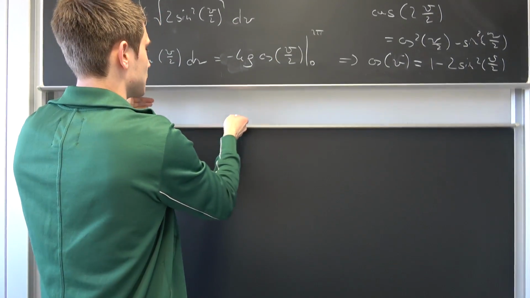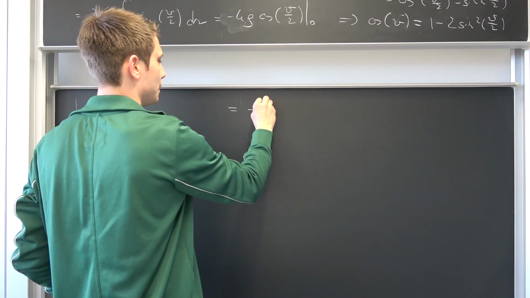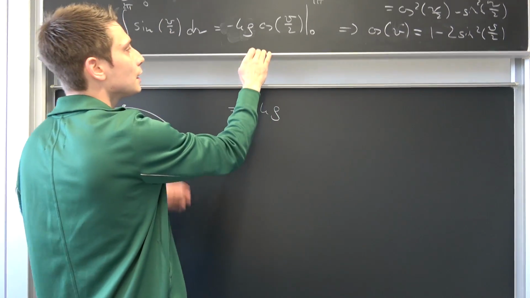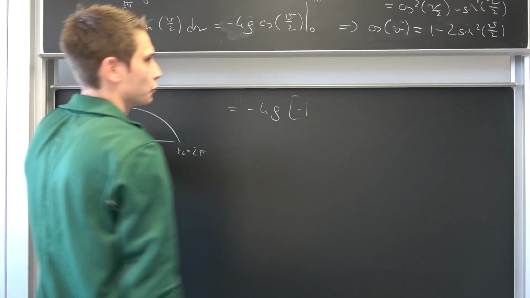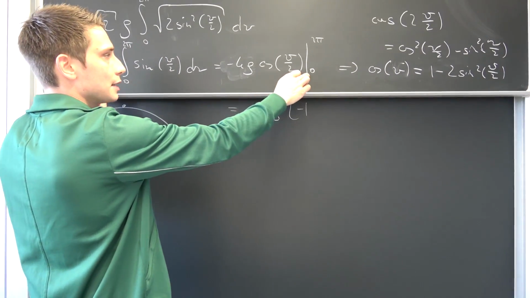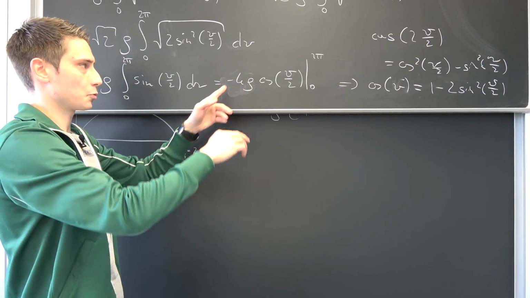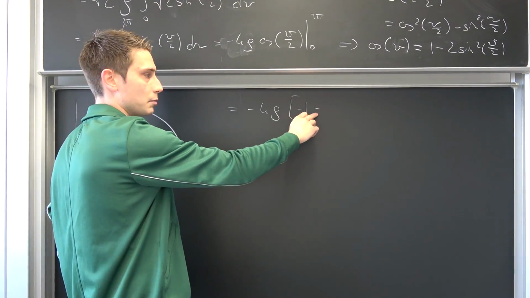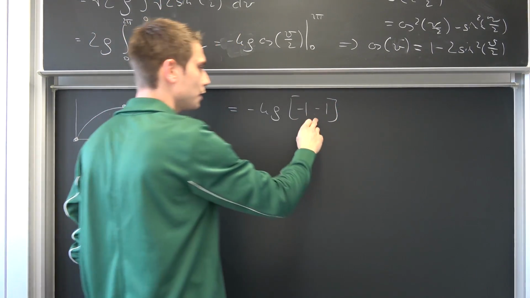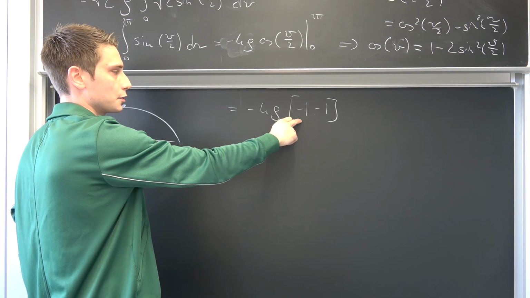So okay, this first part is negative 4 times rho. And then we are going to get negative 1. Okay, and cosine of 0 is nothing but 1. But we have this second part of integration, so negative 1. So this makes negative 2.